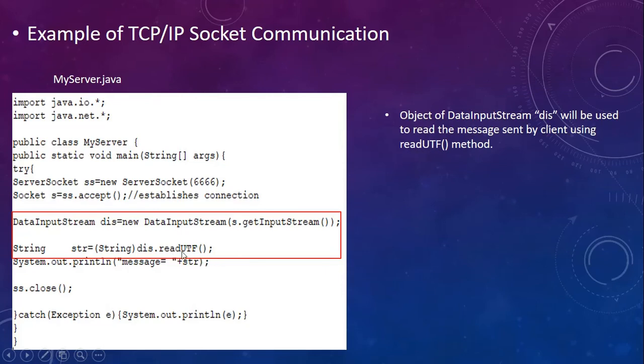The DataInputStream object's readUTF method will be used to read the data that is sent. I am going to typecast it to String because I need to read the text data, and I am going to store that data in a variable called str.